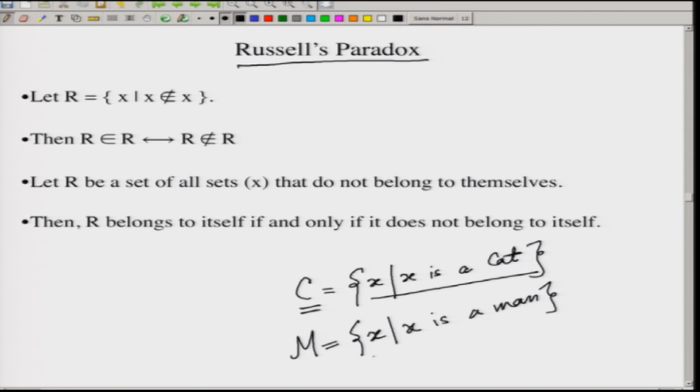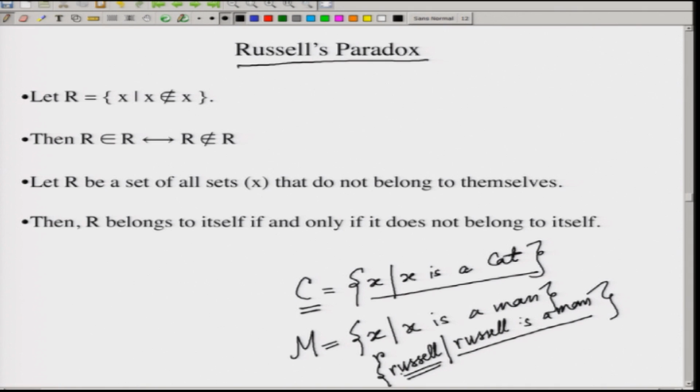So, I plug in R, which is Russell, and I see that the sentence that comes out of it is Russell is a man. If this sentence comes out to be true, then this thing belongs to the set. This is how we decide the membership.